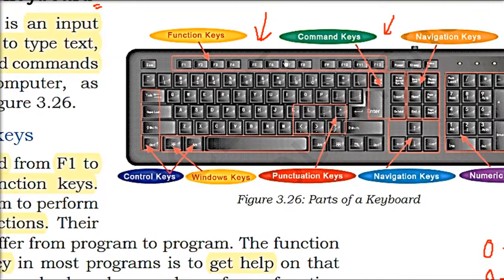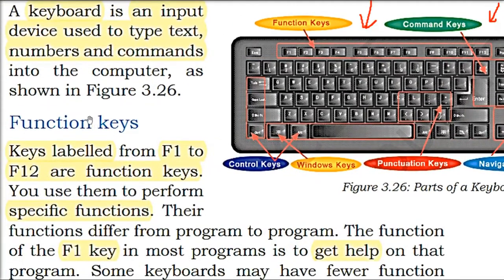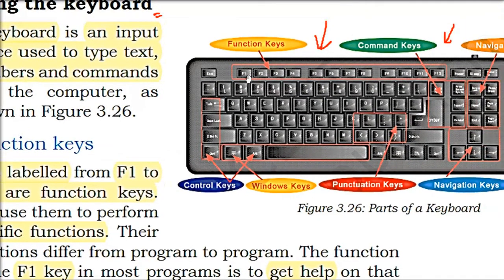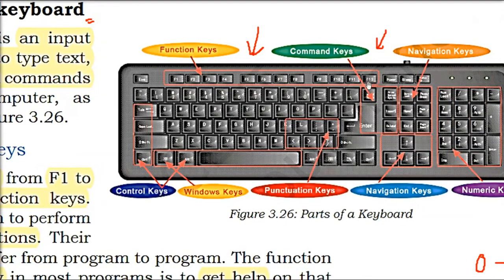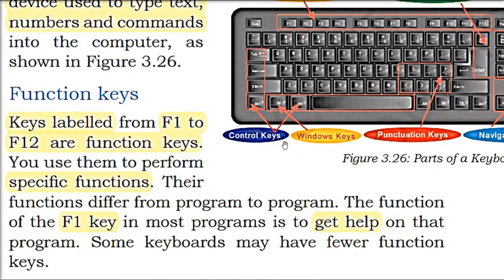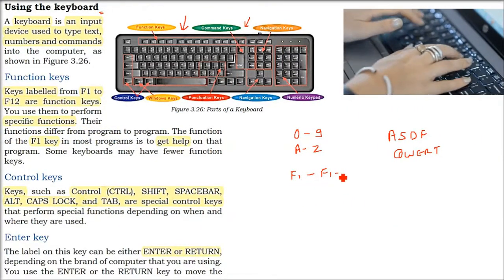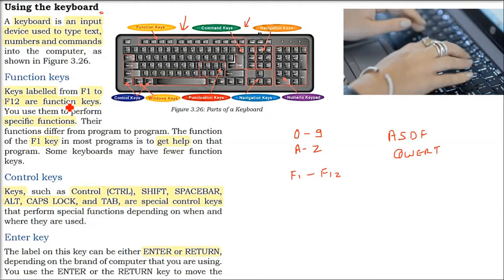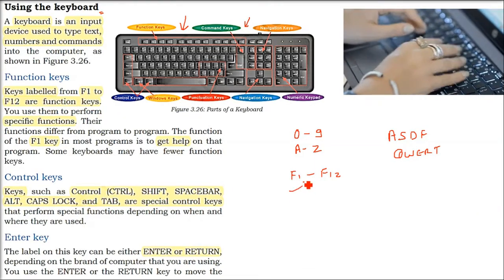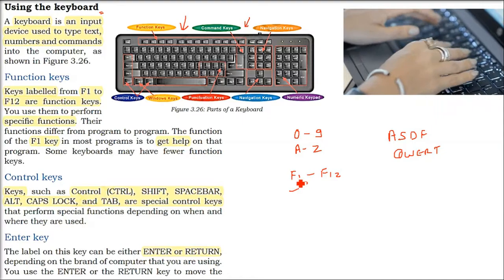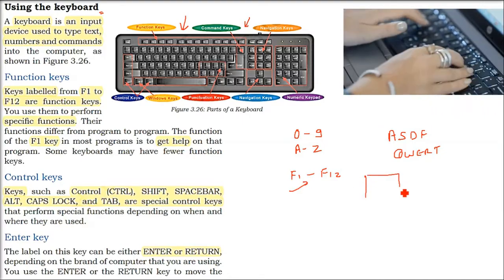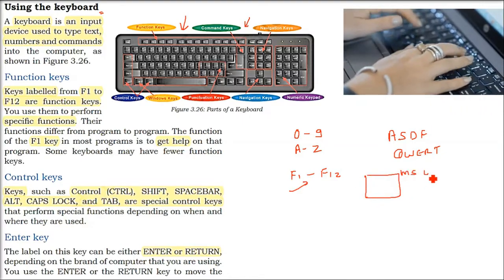Okay. So in different keyboards, the keys will be in different positions, but the action will be the same. From F1 to F12, the topmost, if you see here, these are the function keys. The keys being labeled from F1 to F12, these are called function keys. So they have a specific function depending upon the program. So every program has a different way of dealing.